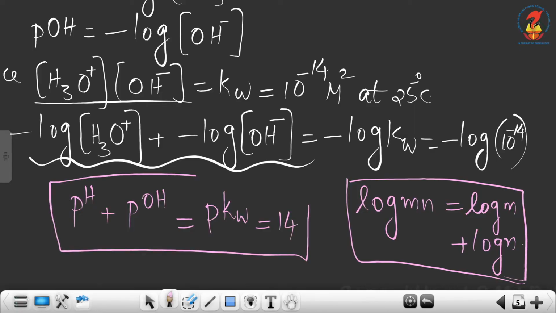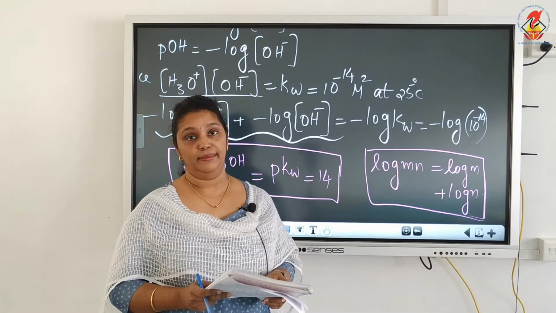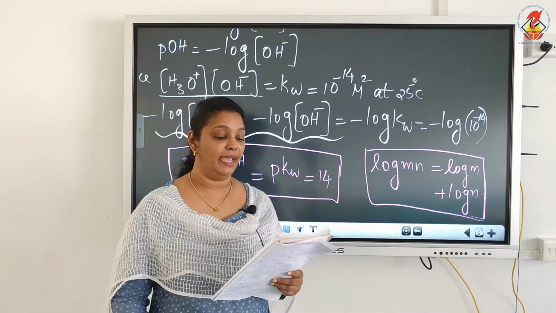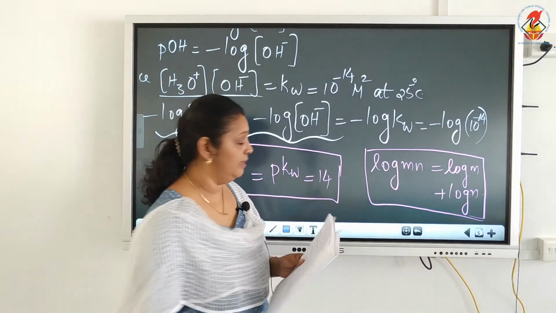So this is the relation between pH and pOH, that is pH plus pOH is equal to pKw, which is equal to 14.